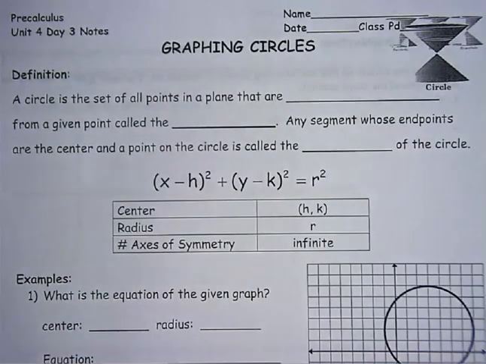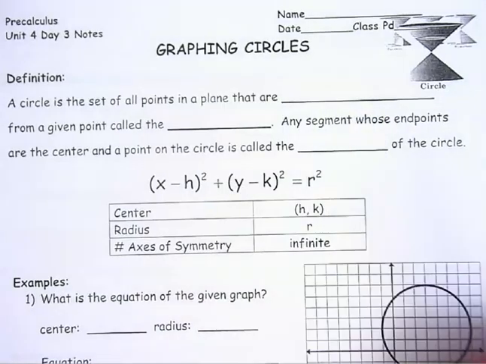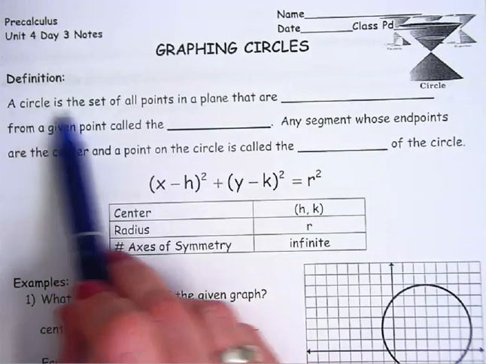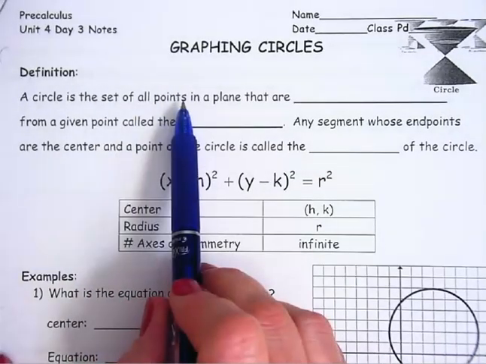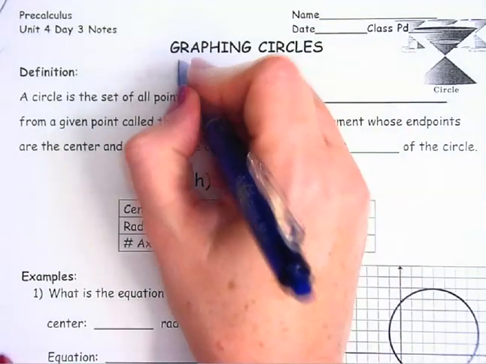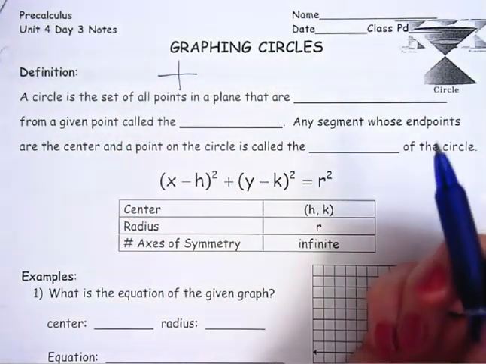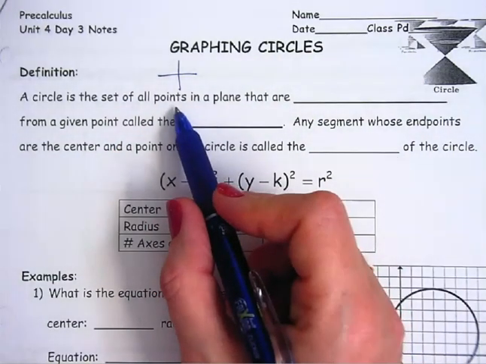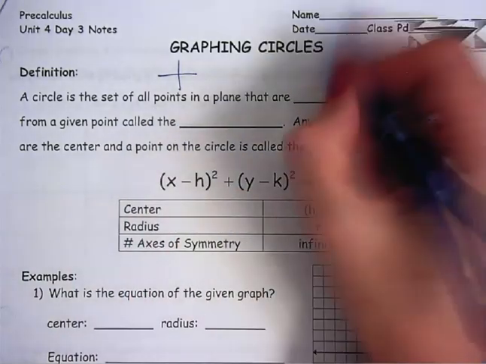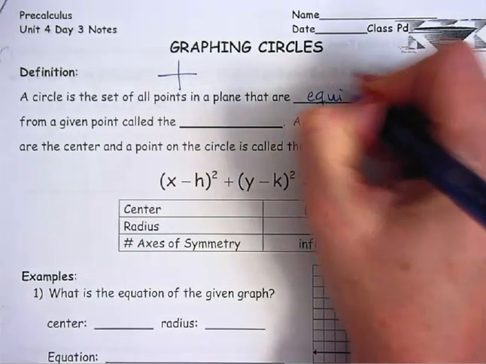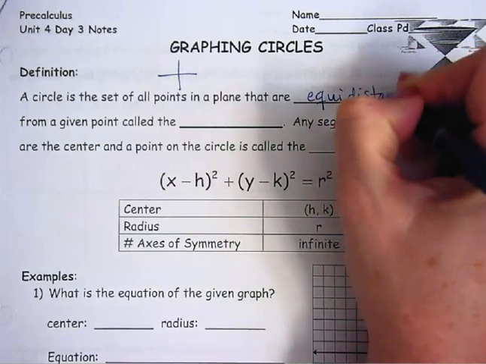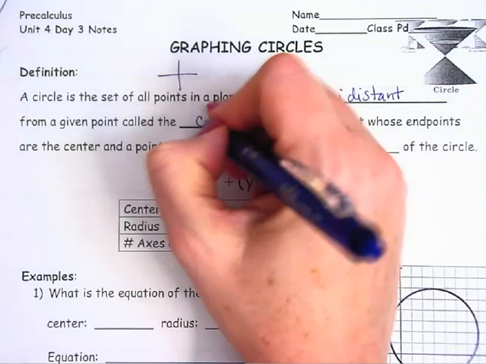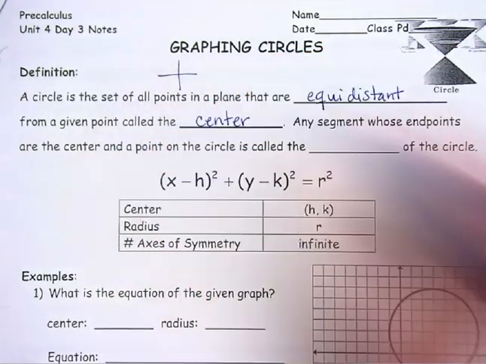So then here on our note sheet, we have this fill-in section. A circle is the set of all points in a plane. Remember, a plane is a flat surface that goes in 2 dimensions forever. A circle is a set of all points in a plane that are equidistant from a given point called the center.